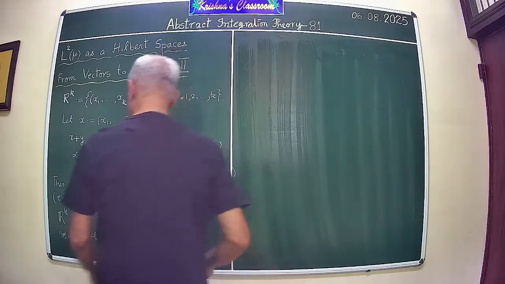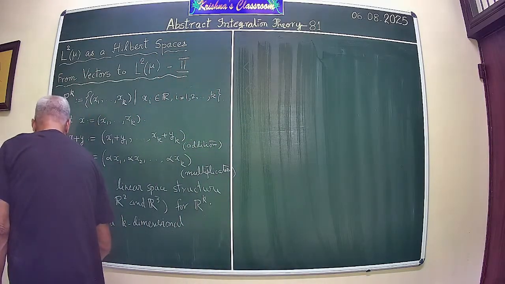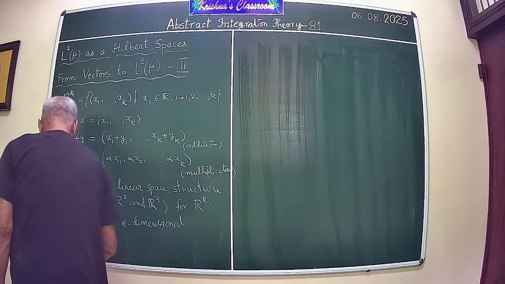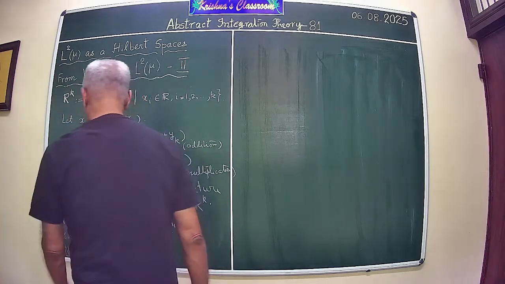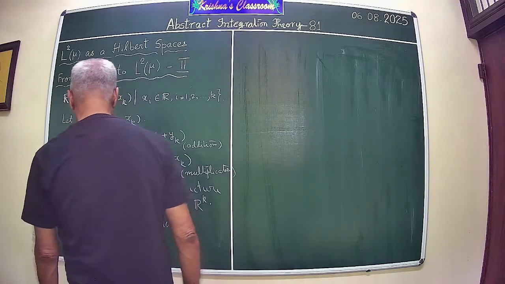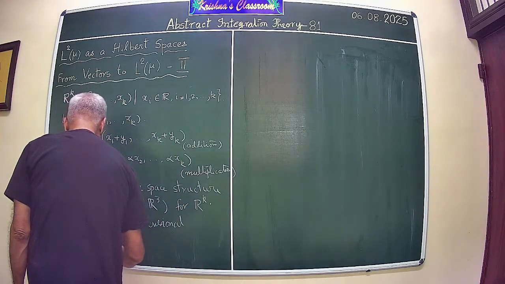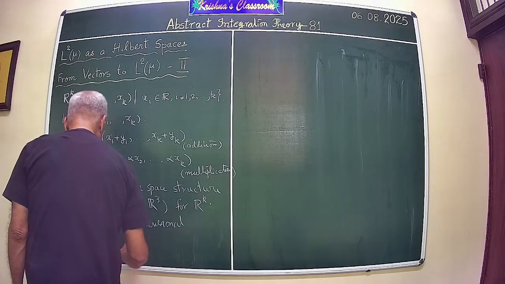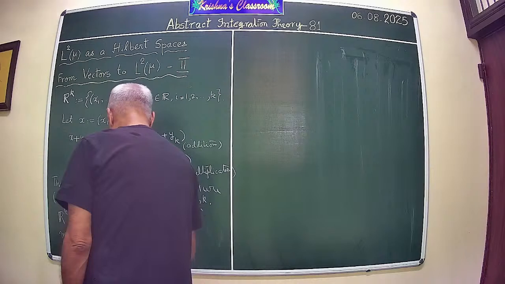So first we define the norm. Norm of x is defined as the square root of sigma xi square.